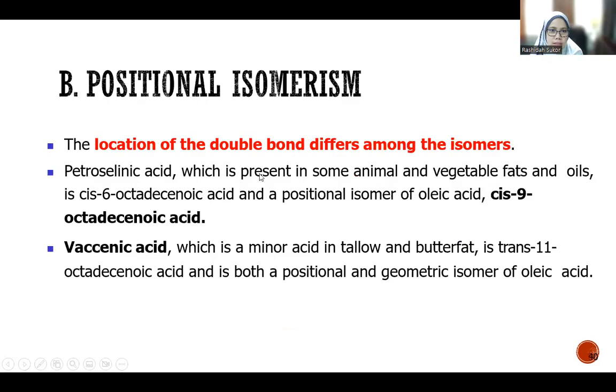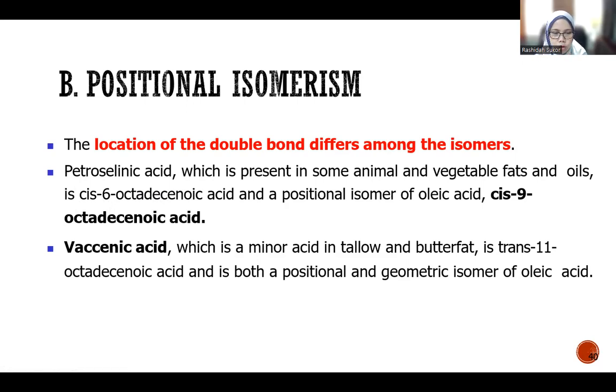And then we have another isomerism, which is positional. Okay, this positional, the location of double bond differs among the isomer. Okay. So this petroselinic acid, which is present in some animal and vegetable fats, dia adalah 6-octadecanoic acid. That means the location double bond tu dekat 6.